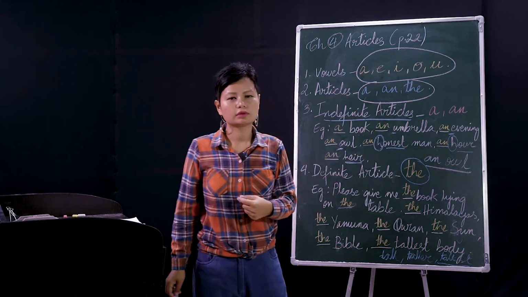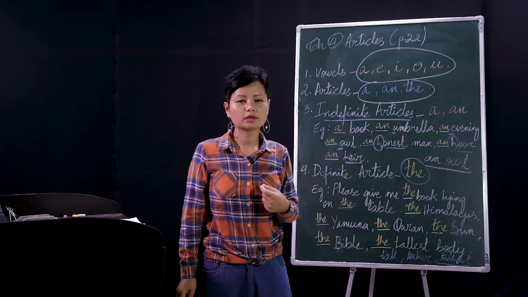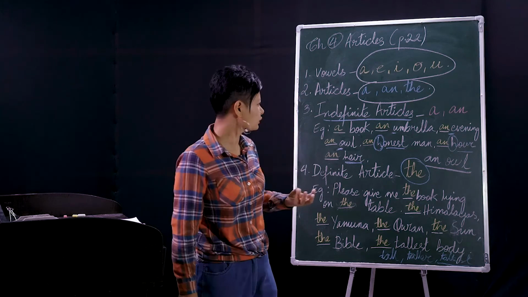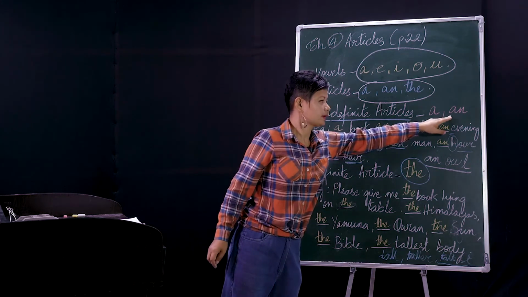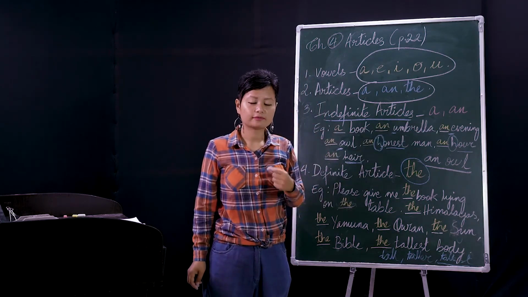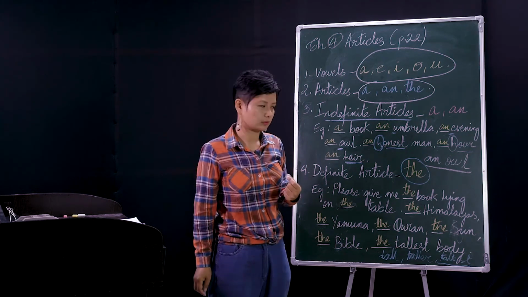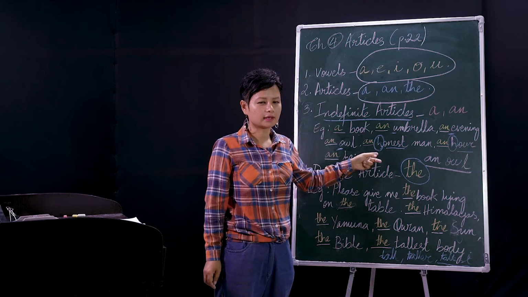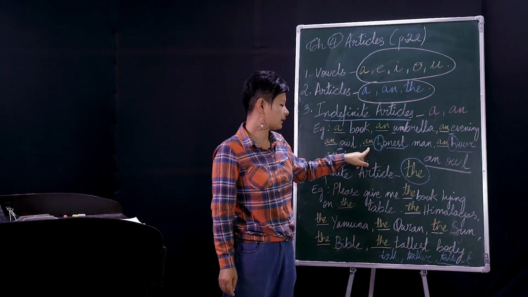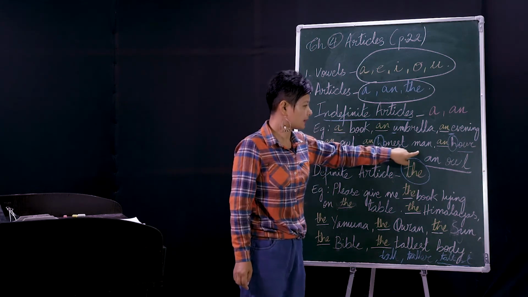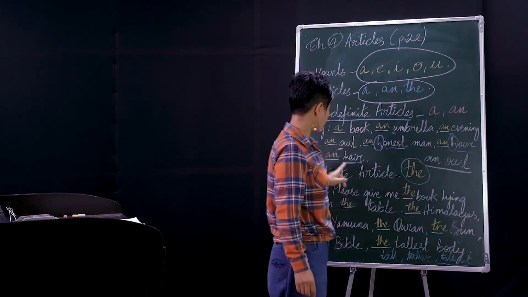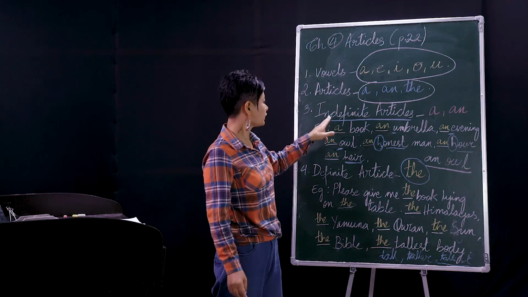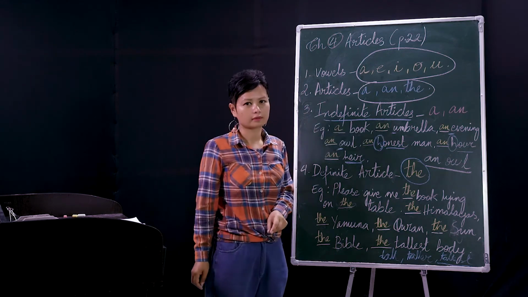So it is used to introduce the noun for the first time, right? And then we use an when there is a vowel in the first letter of the word, right? And then sometimes if the consonant sound is silent, then we put an, like an honest man, an R, and an ear. So those are the 3 rules under indefinite articles, isn't it?